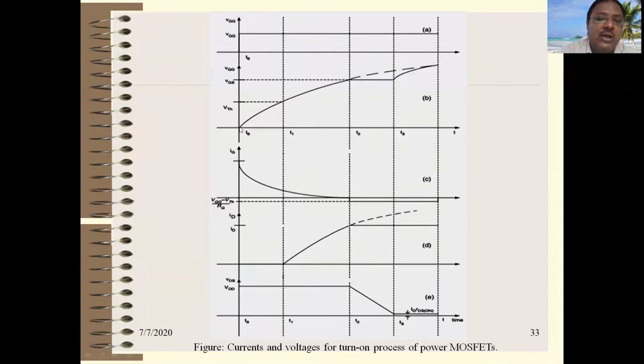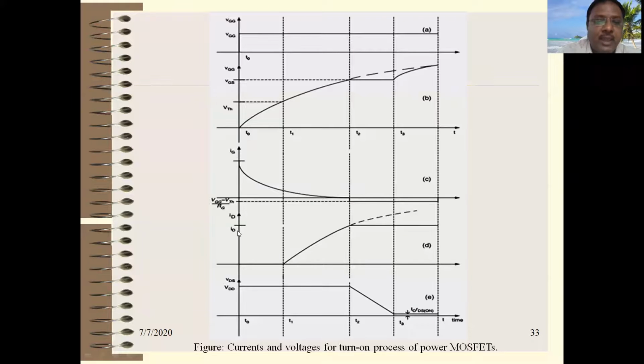As you apply VGG, the gate to source voltage, the capacitance CGS, the capacitance between gate and source, starts to charge. So this shows the capacitor charging time. During this particular time, the current ID is equal to 0. Just observe the position of the mouse cursor.